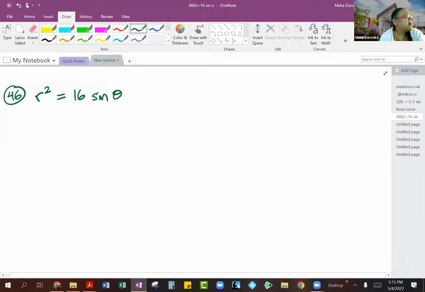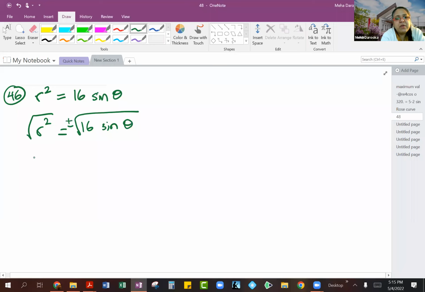So again, let's start out by talking about symmetry for this guy. And one thing we can do, so that we kind of get an idea of what this graph will end up looking like, is you can actually take this equation and you can take a square root on both sides.